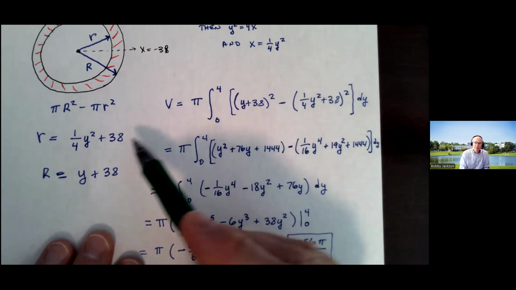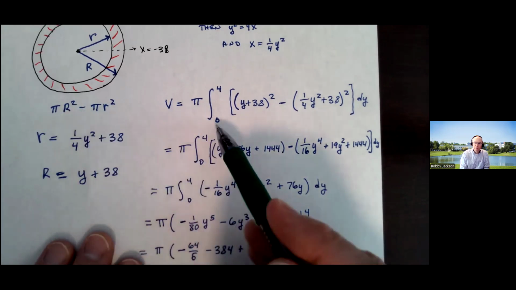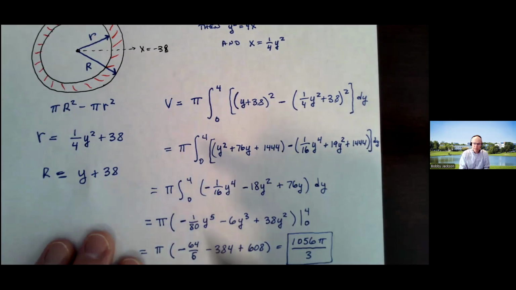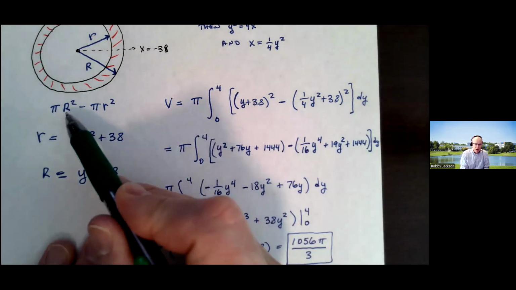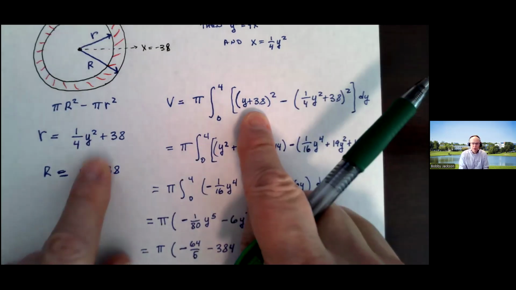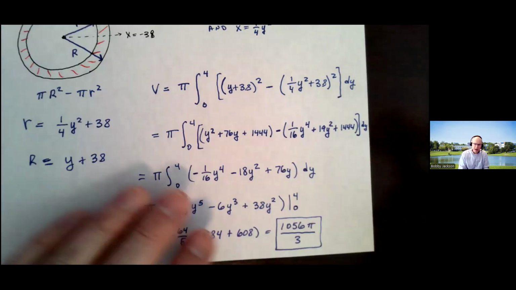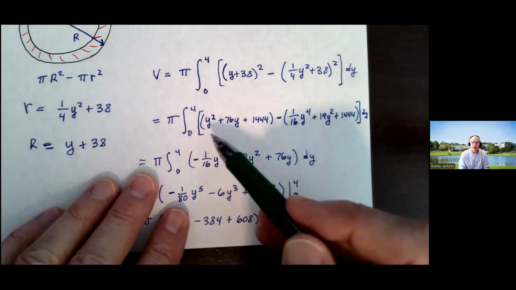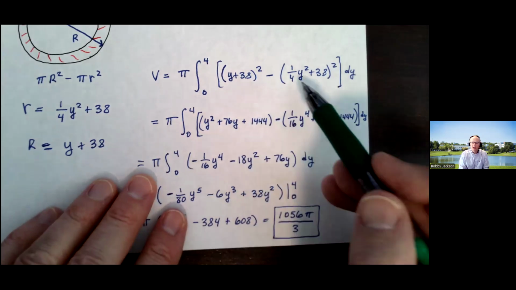So I'm integrating this area from 0 to 4. Factor out the pi from both of these, leaving capital R squared minus little r squared. Capital R squared is this, little r squared is this, and we're going to integrate. A lot of work. We have to expand this out. Use your calculator if you have to to deal with the big numbers. Same thing here.